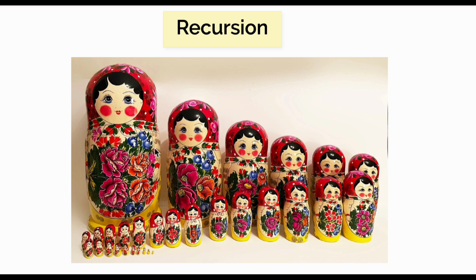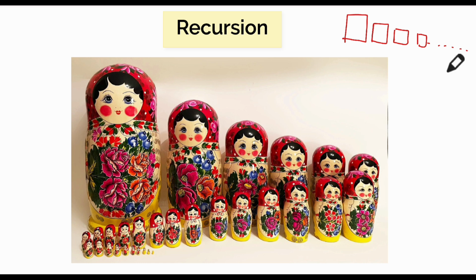You can create one big doll, inside that there will be one smaller doll, then inside that one smaller doll, and so on. You will keep on going. So this is what recursion is: whenever there is a problem which can be broken down into smaller, simpler and identical problems, you have to apply recursion.